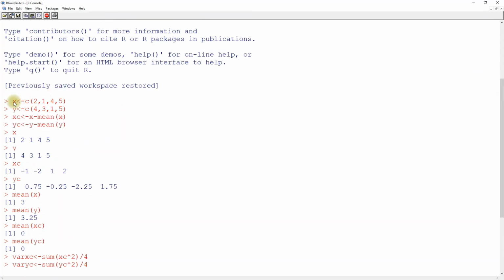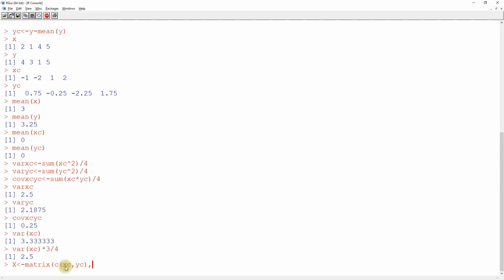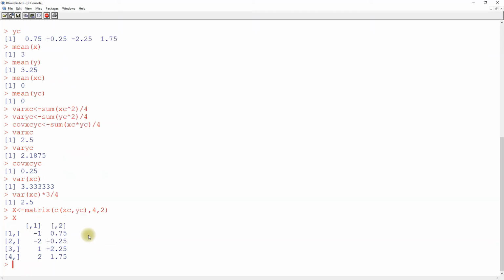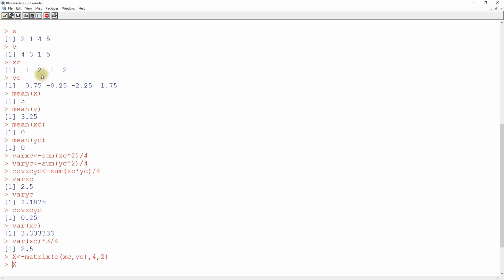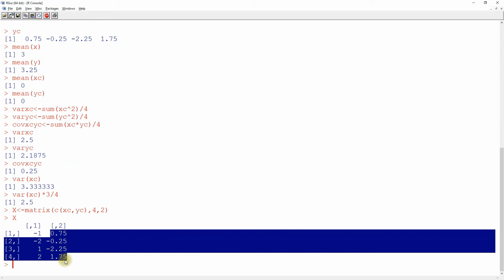You have 2 variables, x and y, but you have 4 records: 1, 2, 3, and 4. So you need to state that you want the data to include xc, yc, but by making it a 4 by 2 matrix, and this is what I do by typing 4 and 2. And you can check the data. It will be in the required format that we want: -1, -2, 1, and 2 will be like this, and the rest will be in the second column.